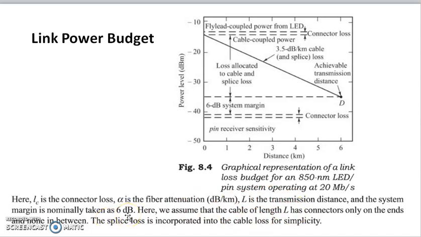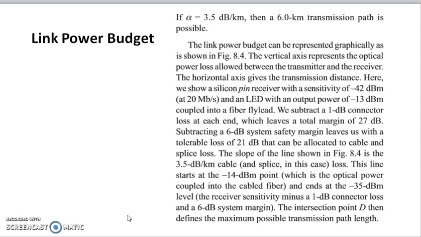The cable length L has connectors only on the ends and none in between. Splice loss is incorporated into the cable loss for simplicity. The graph explains the receiver sensitivity and the output power coupled into the fiber.